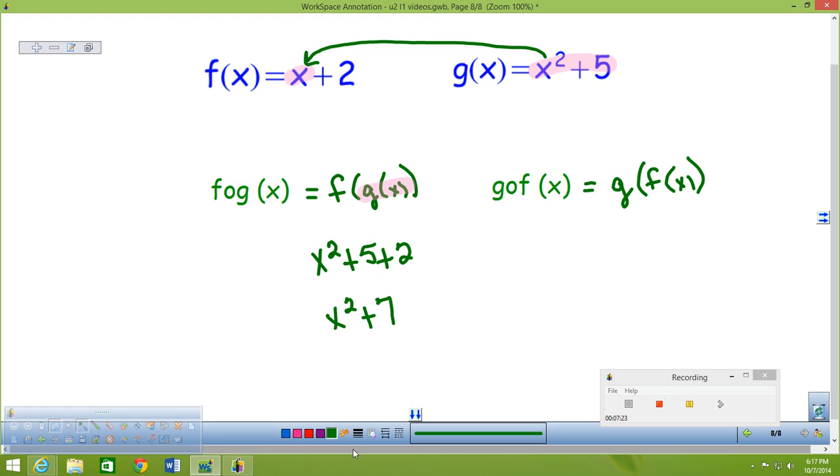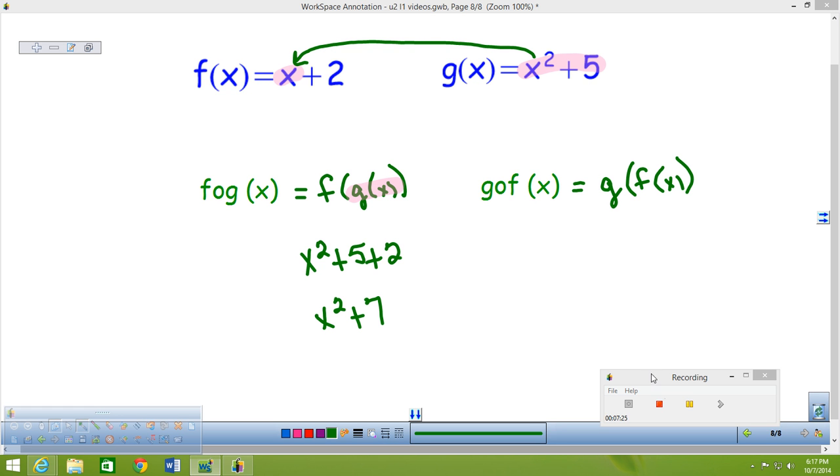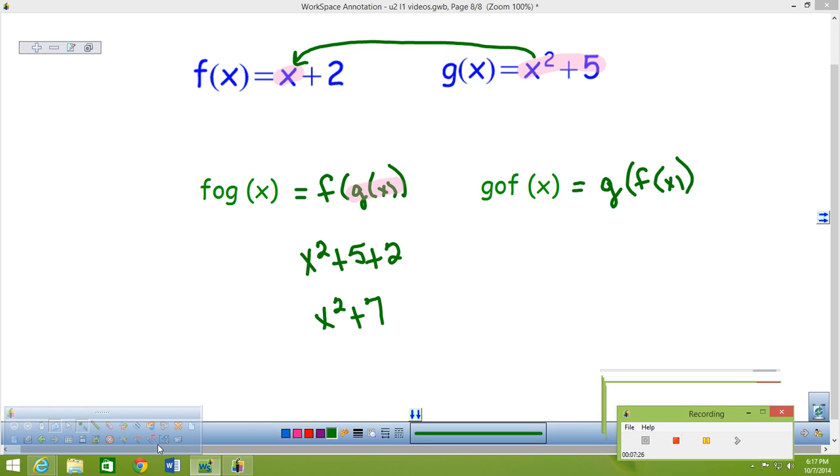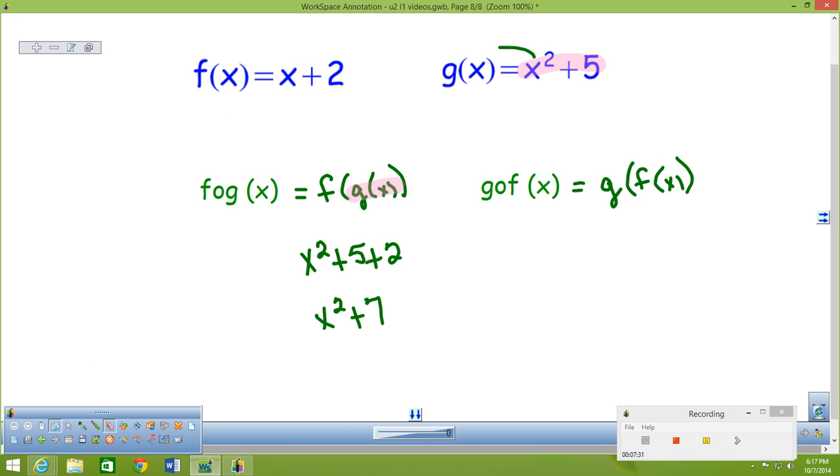Going the other way, you know I can't pass up a chance to do a little algebra practice. So this time, we're going to put f of x in here for this x.